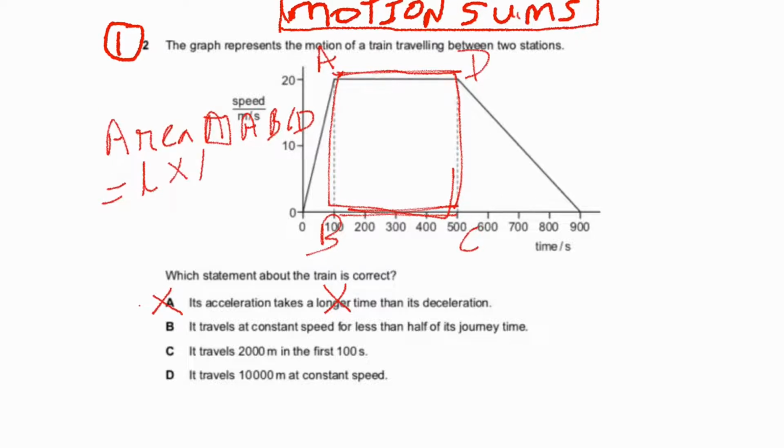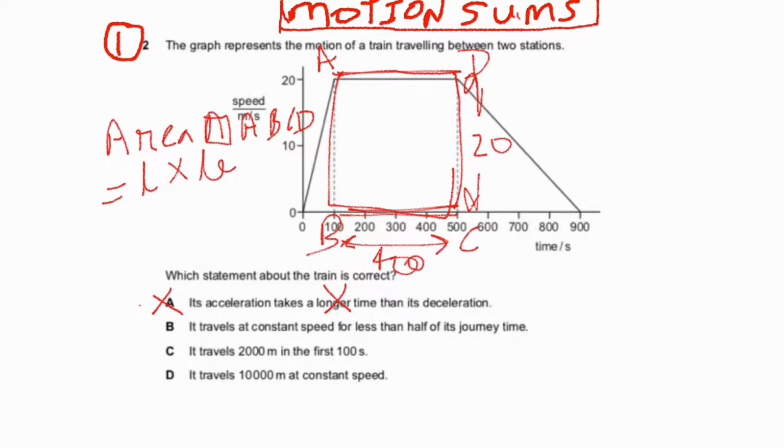BC is 500 minus 100, which means 400, so 400 is its width, and the length AB is 20.